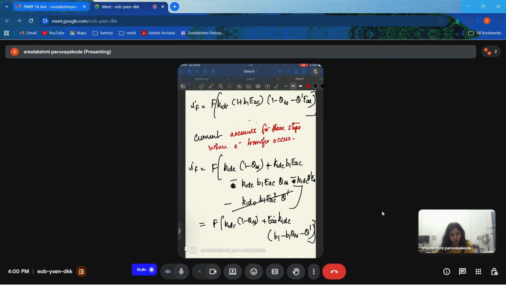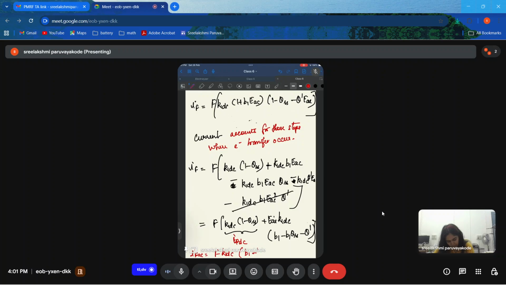Always when you're doing the derivation, it's better to do it on your own and then cross-check with the final answer, because everyone will be doing it in a different way. So if you see this one part, this is IF DC. So what is IF AC? F into K1 DC, EAC.